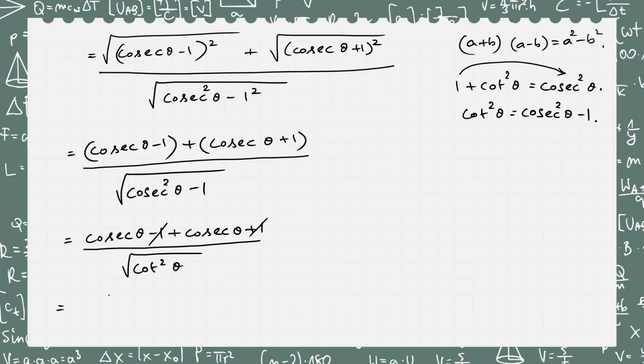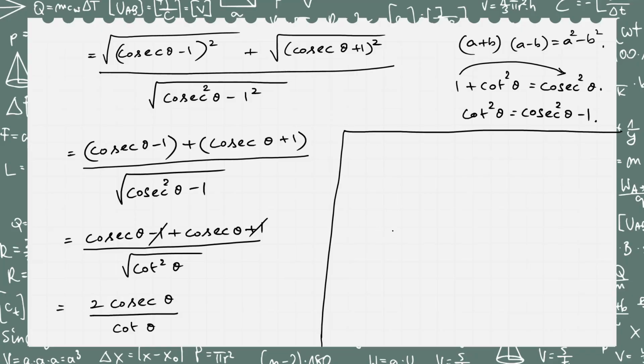Cosecant theta plus cosecant theta will be 2 times cosecant theta, and root of cot square will be just cot theta, because square and square root will always cancel each other, right? Let's continue further. We can write it like 2 cosecant theta into 1 by cot theta.